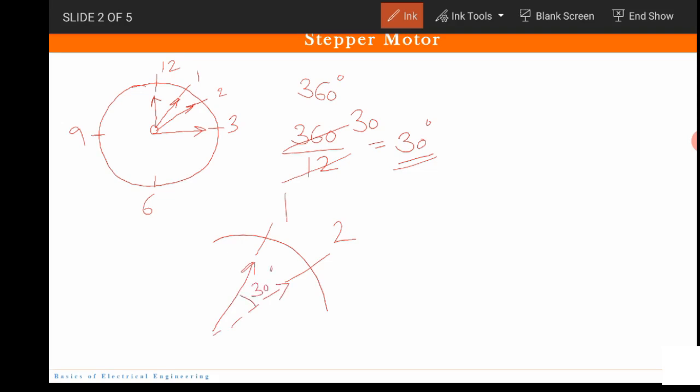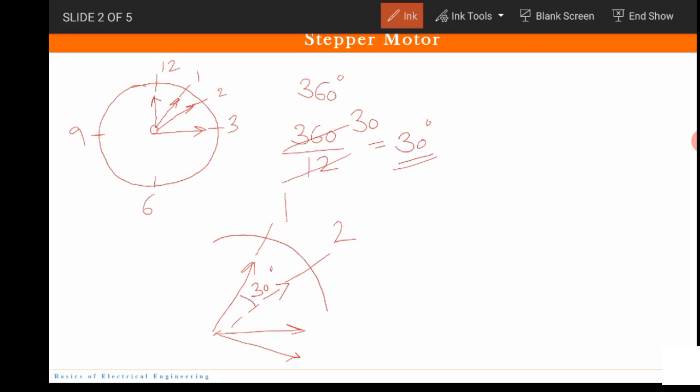This is how a stepper motor rotates. Once it rotates 30 degree, then again it rotates 30 degree, then again 30 degree and then stops. This is how a stepper motor operates.